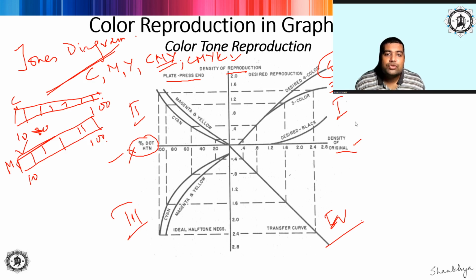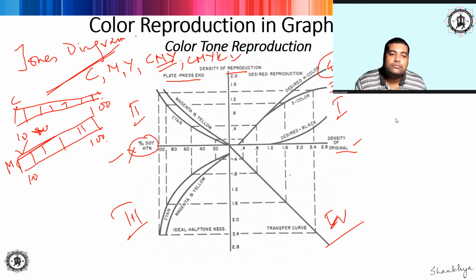Okay, so here you will see in quadrant 1 this relates the density of the original to the percentage dot area of the negative. Hopefully you are able to see that along the negative x-axis in the third quadrant we have the dot percentage, whereas along the negative y-axis we have the density again, right?